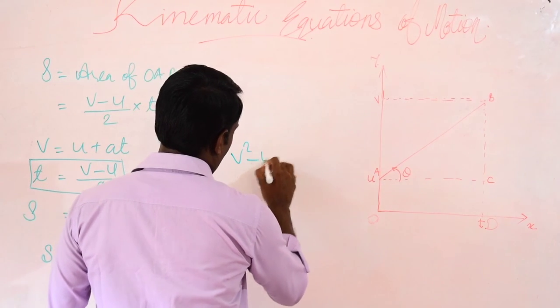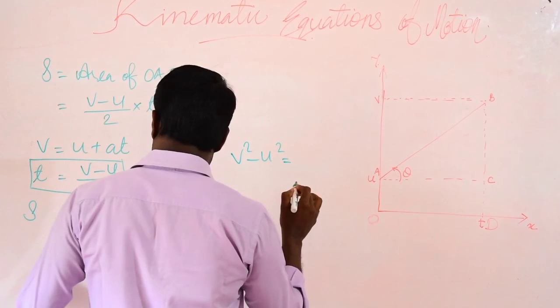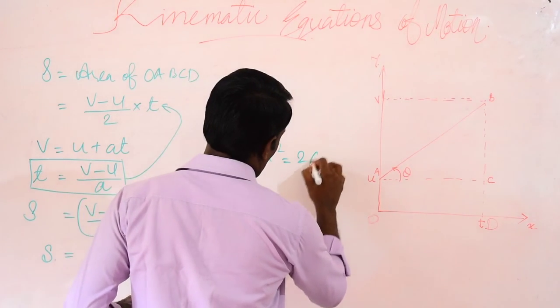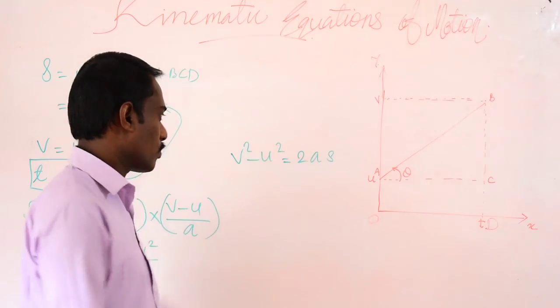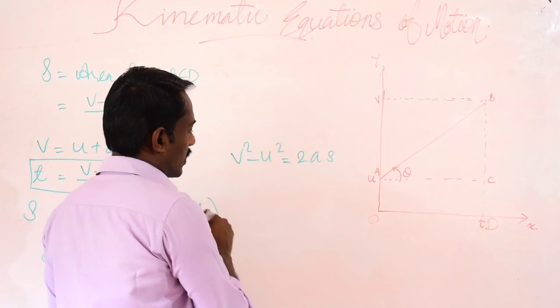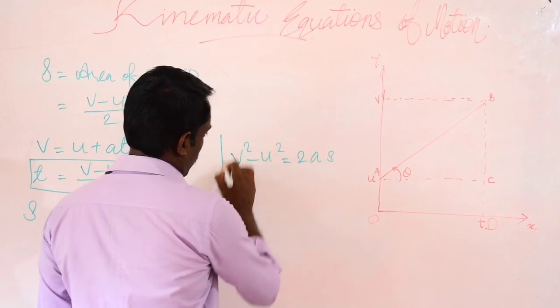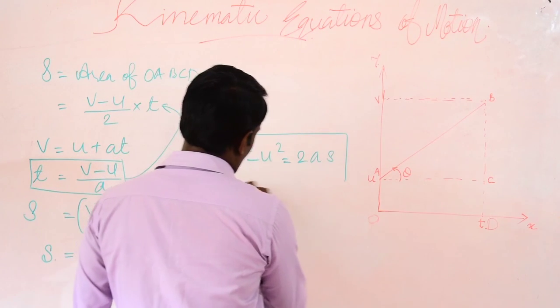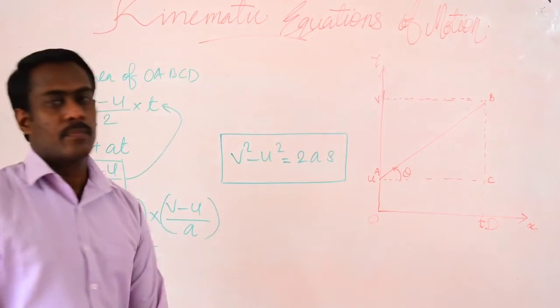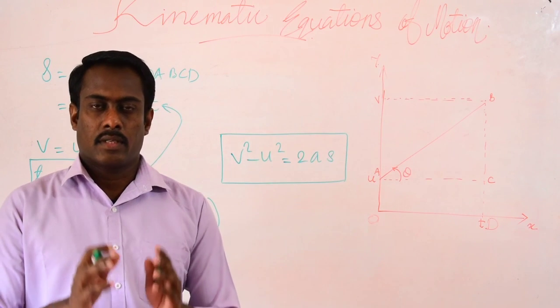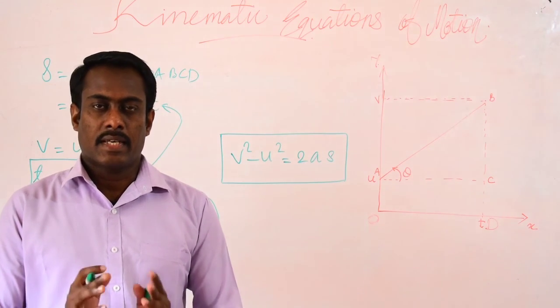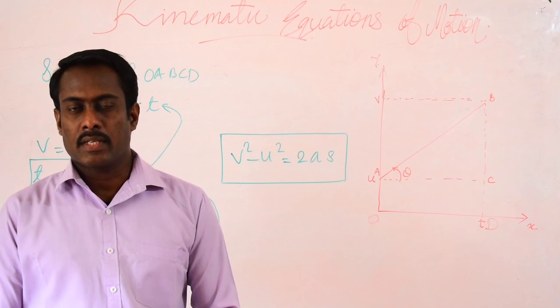V square minus U square is equal to 2A into S. That is the third equation of motion. So this is how the three equations of motion are derived mathematically and by the graphical method.